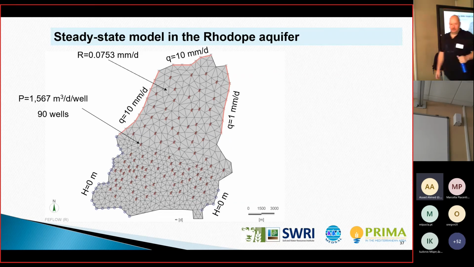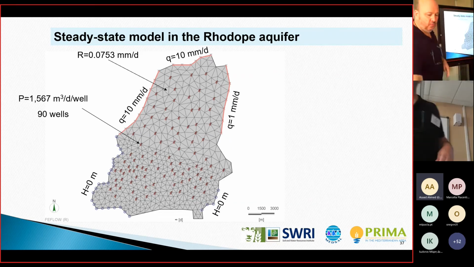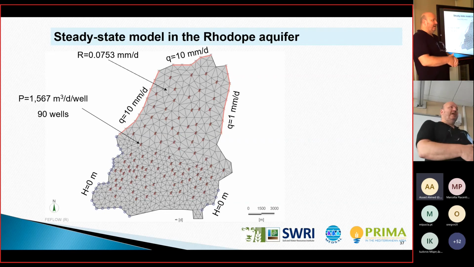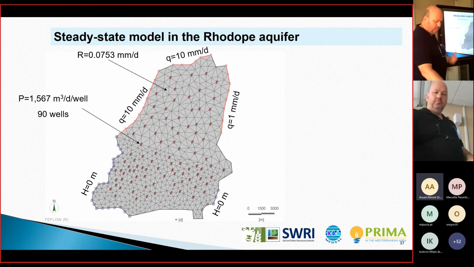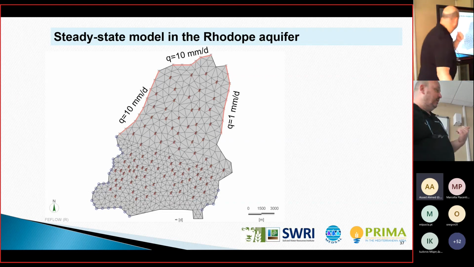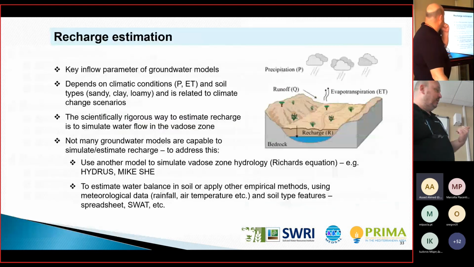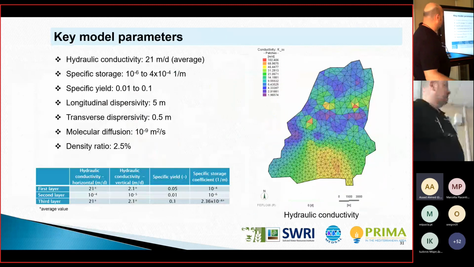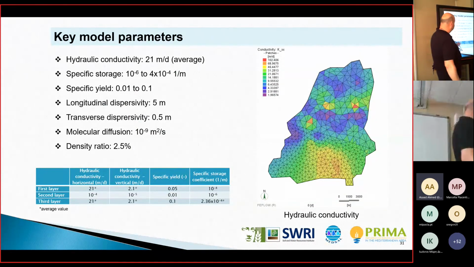Each parameter, okay, we should know the physical problem and know which is the range of each parameter. So if, for example, someone told me that the hydraulic conductivity is 21,000, it would be an error.